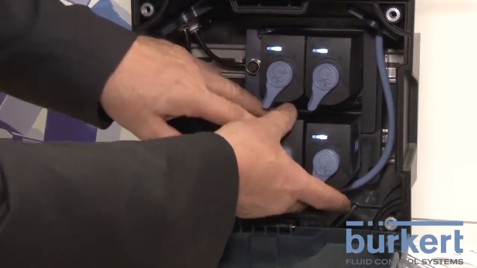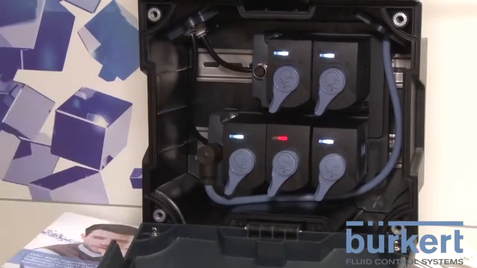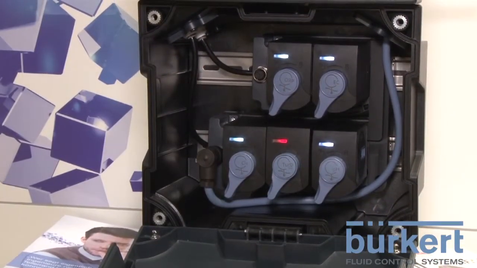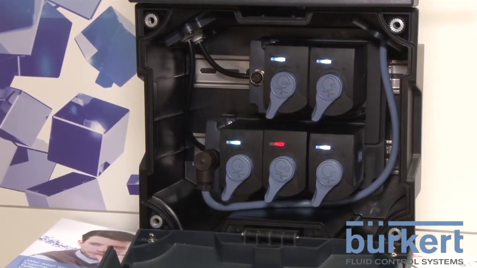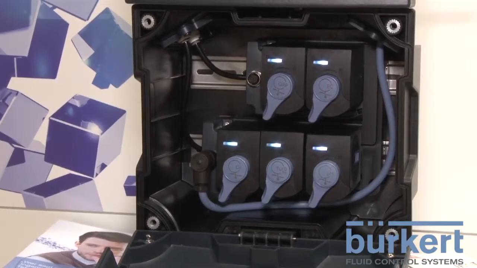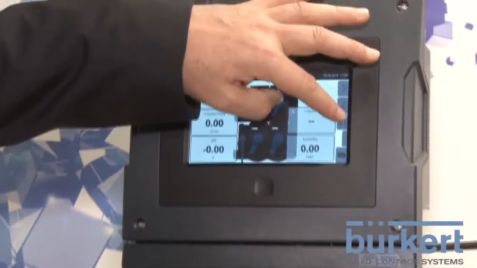I can turn it into the system while the measurement is running, and as soon as it is logged in, it is recognized by the bus and will turn to white. Okay, now it's operating again, the value comes to the system.